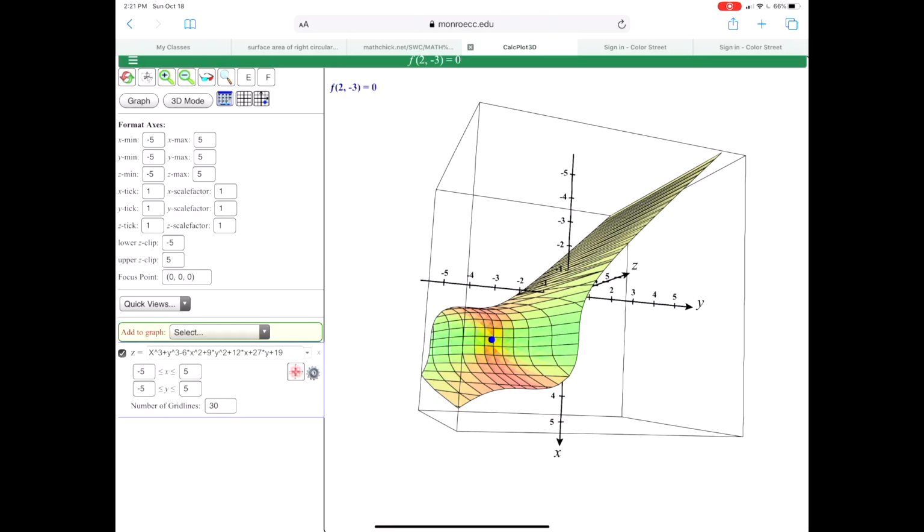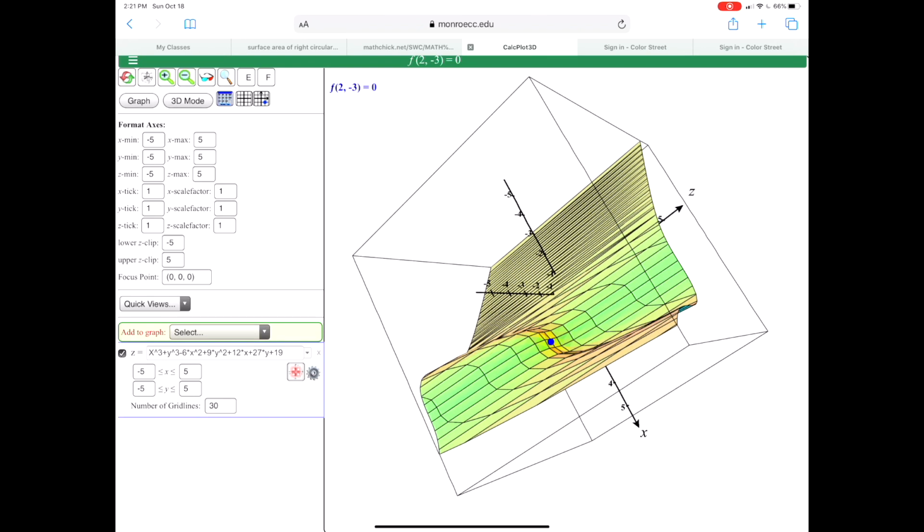So basically, something that's happening there, kind of like when you have an x cubed graph, right? You get a critical point or a critical value or number at x is 0, but it's not a relative max or min, and so that's what might be happening here.